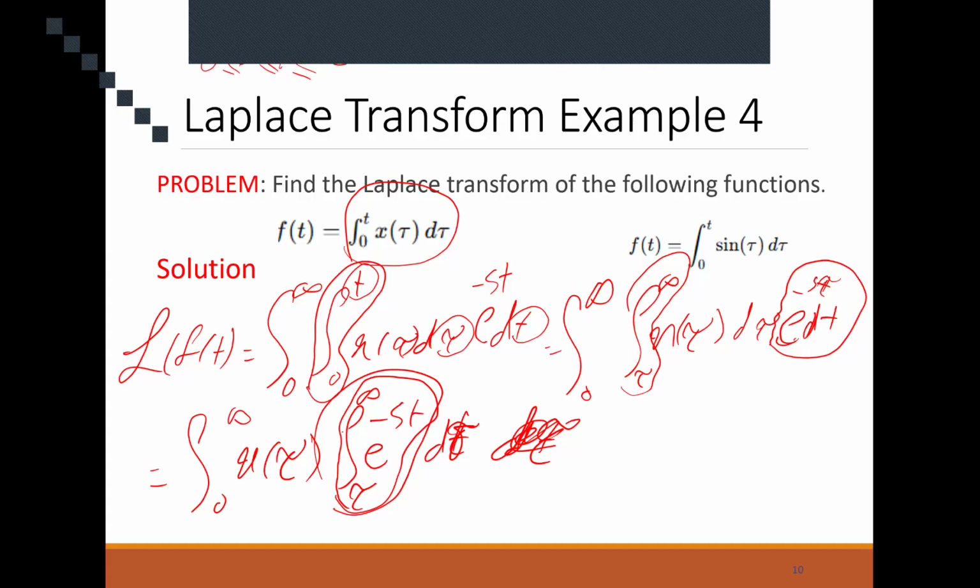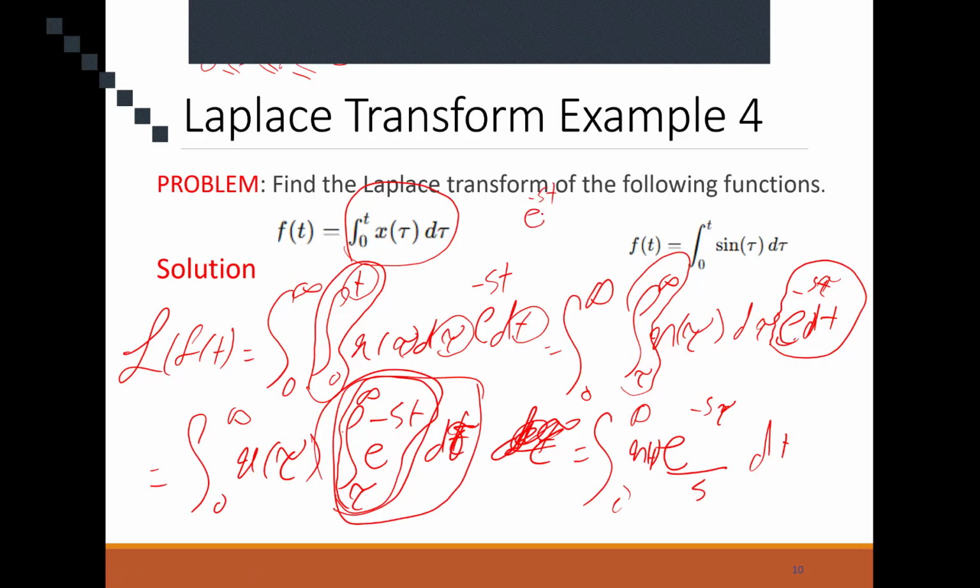So now the value of this integral, if you run the integral, is going to be e to the power of minus s tau over s. Do you know where that came from? Do the integral over dt. The integral of e to the power of minus st is going to be e to the power of minus st over s, right?